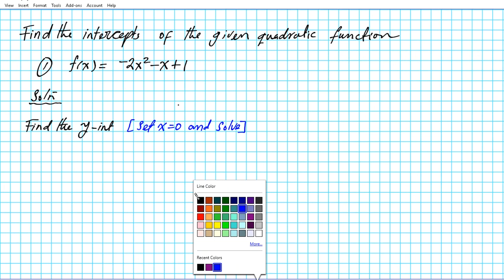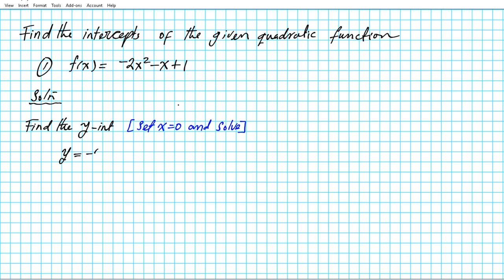Very similar. So we have the function f of x, which we can write as y equals negative 2x squared minus x plus 1. So we're going to set x to 0. We have y equals negative 2 times 0 squared minus 0 plus 1. Using the order of operations, y is equal to 0 squared, 0 times negative 2 is 0, minus 0 plus 1, and we have y equals 1.